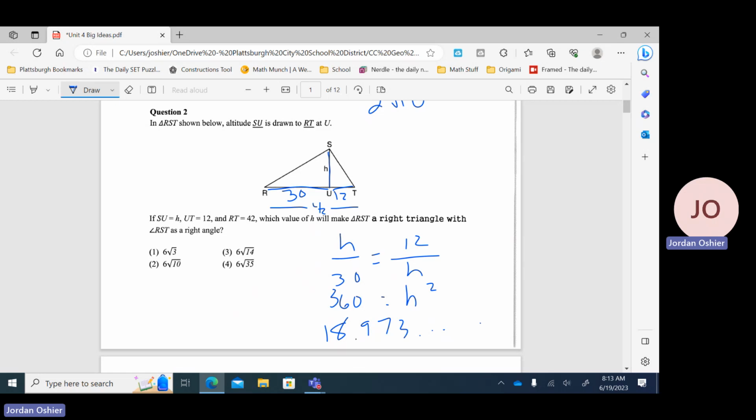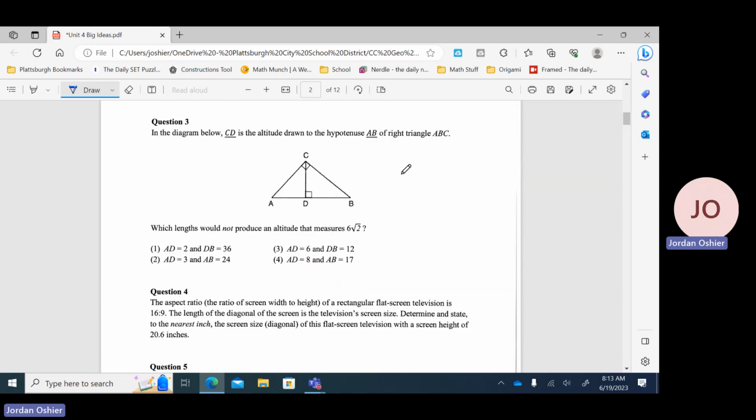So what I would do is I would go through all of these and I would type in 6 times the square root of 3 times 6. That's 10 something. So then I would try again with 6 times the square root of 10. And that gave me the exact identical decimal. So that's how I would get that without simplifying the radical.